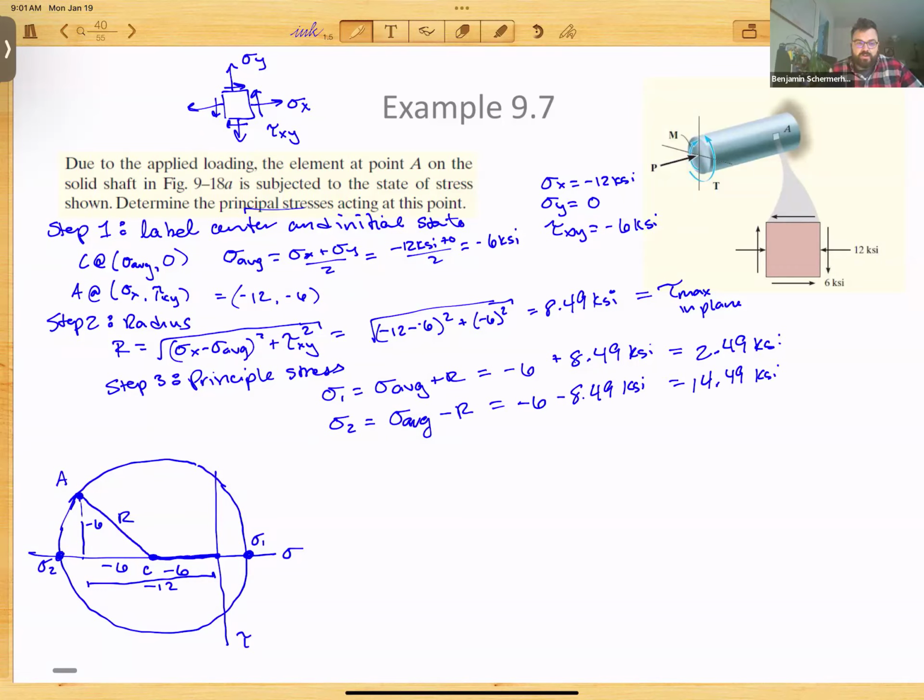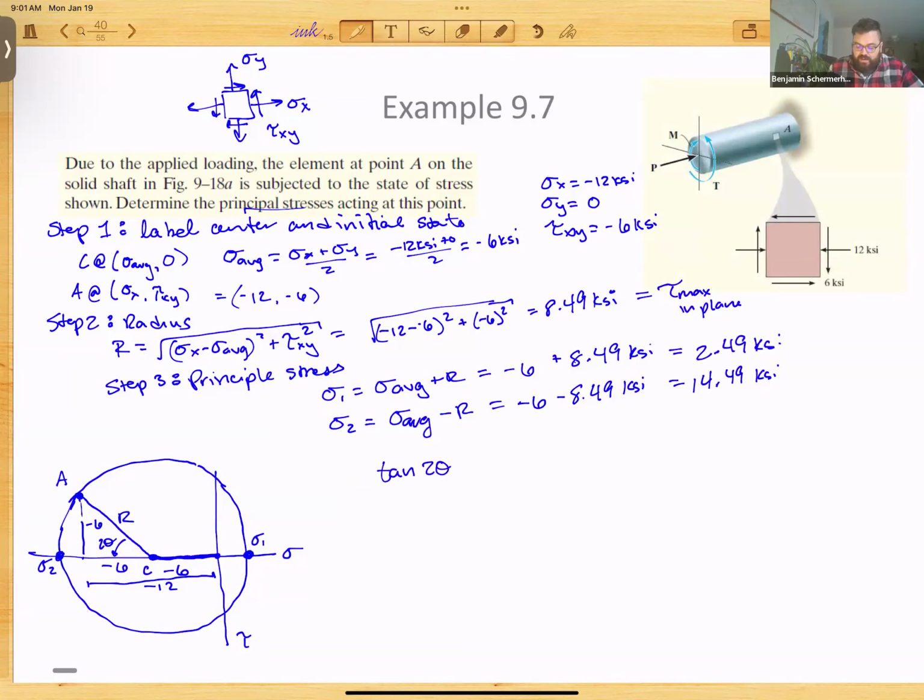We know what those magnitudes are going to be. And if we want to get our element to a point, we want to know what the orientation is going to be. The closest orientation for maximum stress, we can see that it's going to be a counterclockwise rotation. So usually we can get the orientation for this as well.